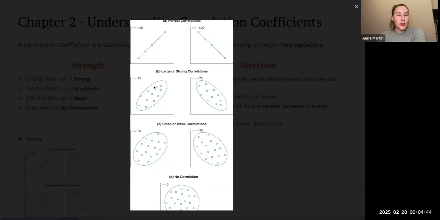Now, these are strong, not quite a perfect correlation, but still strong. You can see that most of the data points are trending in this upward direction, 0.75. This is also a strong correlation, -0.75. These are weaker, both positive and negative, and then here you can see we have no correlation.